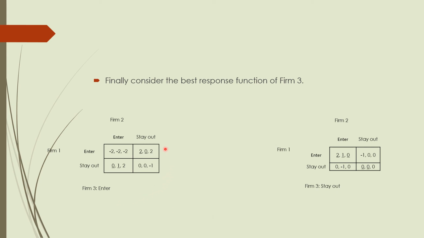If form 3 chooses the left matrix, then the outcome will occur at the top left cell of the left matrix, and form 3 will get -2. If, on the other hand, form 3 chooses the right matrix, the outcome will occur at the top left cell of the right matrix, and form 3 will get 0. Since form 3 prefers 0 over -2, he will choose the right matrix. That is, he will choose to stay out.